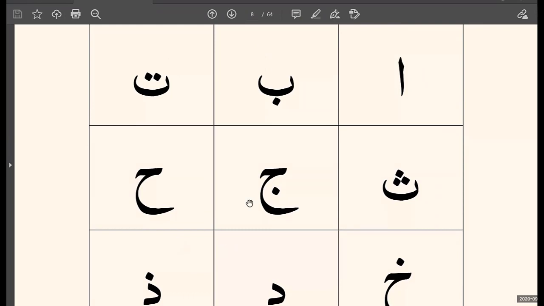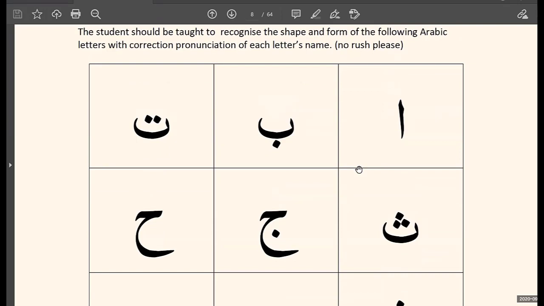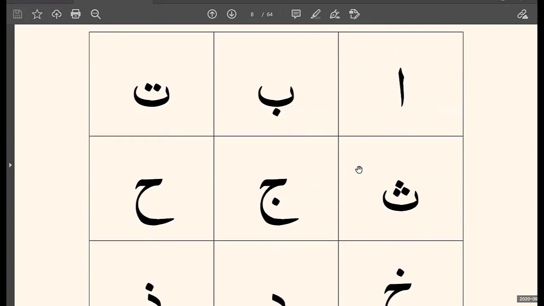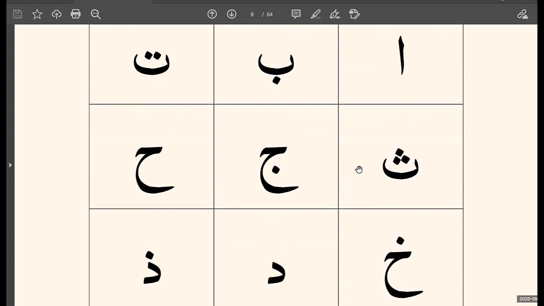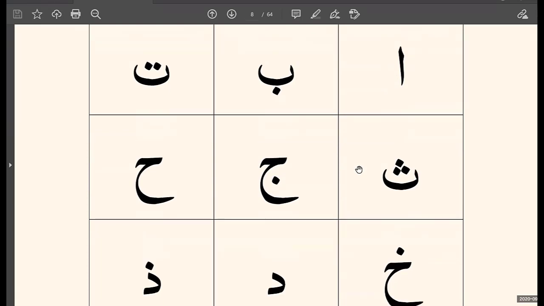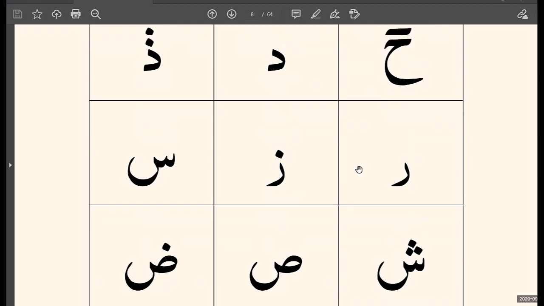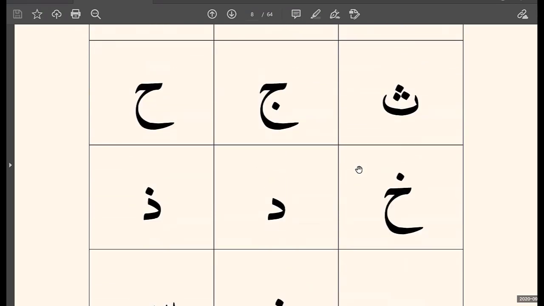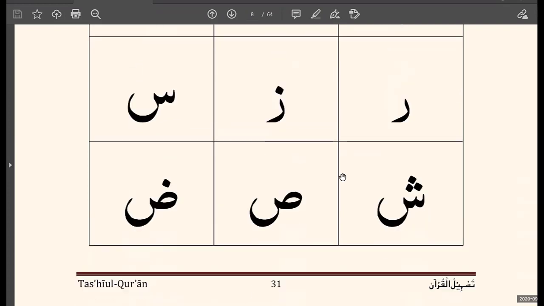Now let me know that in these letters, how many letters can you identify with 3 dots, and what are their names? This is 1 and this is 2. Which one? Tha. As we say think or thank you or thing, tha. Fa. And this sheen.